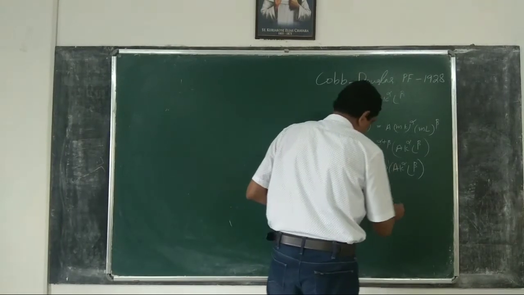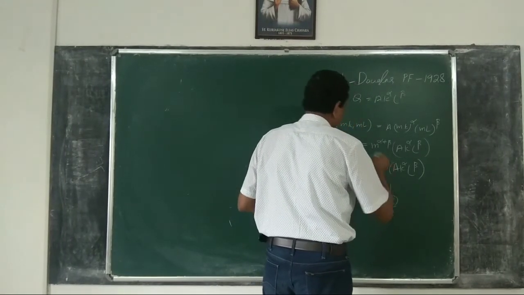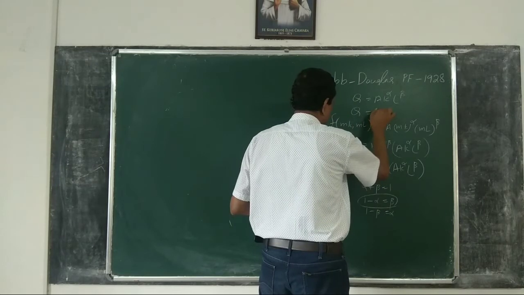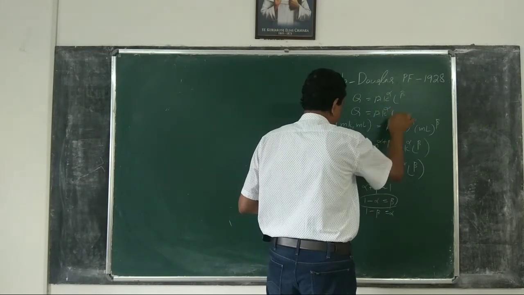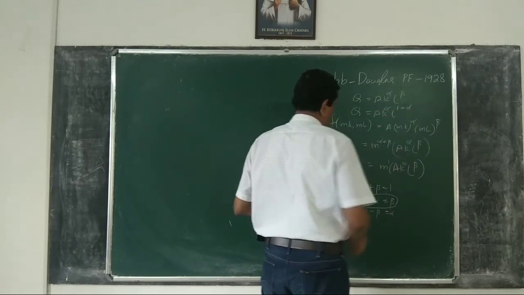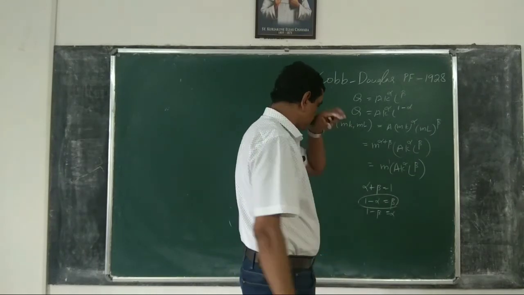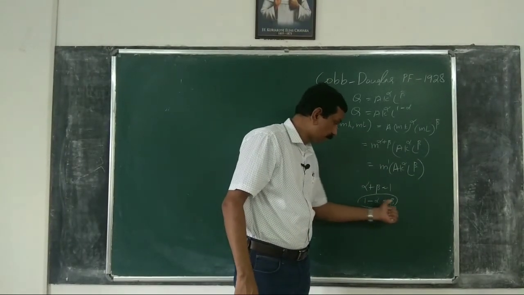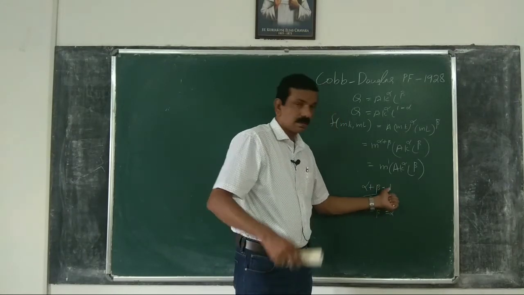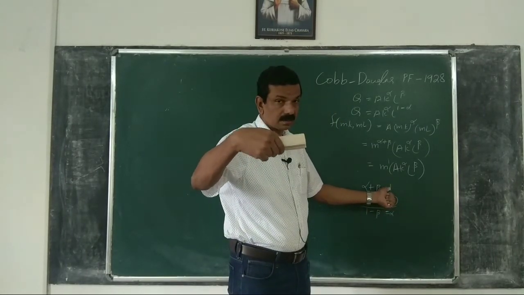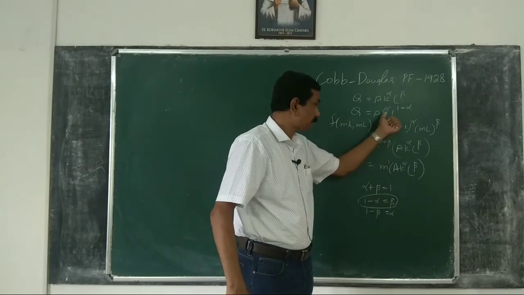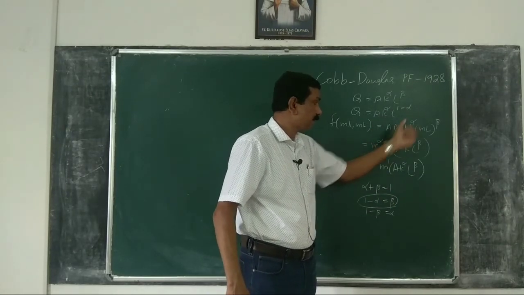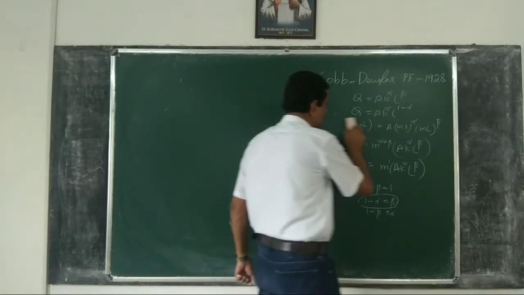Now using this, we write the production function as a K raised to alpha L raised to 1 minus alpha. Actually, the coefficient of L is beta, as alpha plus beta is equal to 1. In the strict Cobb Douglas case, we write it as a K raised to alpha L raised to 1 minus alpha.